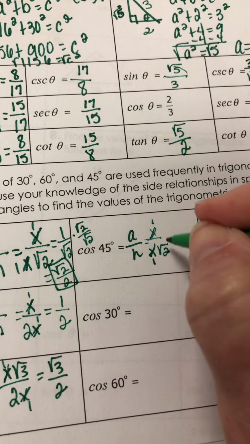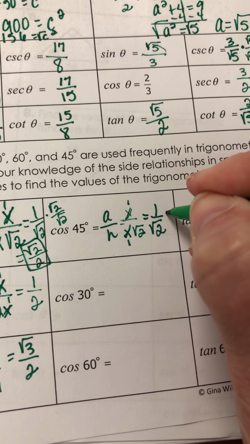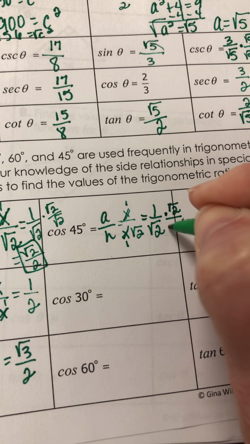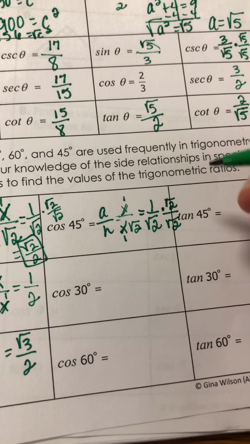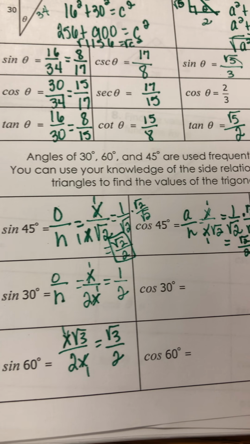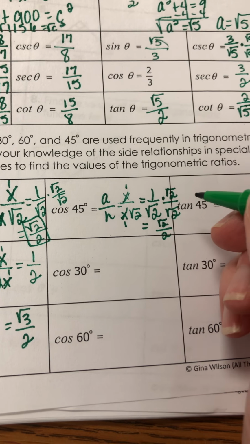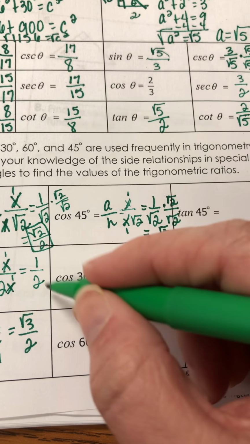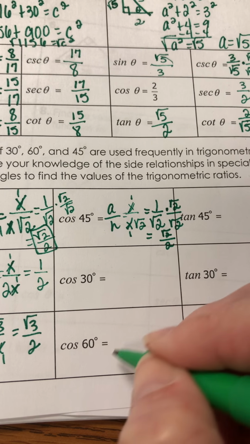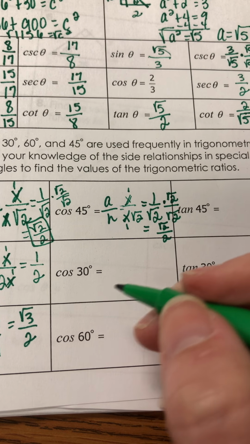And once again, I'm going to have 1 over the square root of 2, just like I did with sine. Okay, so I'm going to have to rationalize my denominator, get rid of the radical, and I'm going to get the square root of 2 over 2, just like I did with the sine of 45 degrees. Okay, now pause the video and do cosine of 30 and cosine of 60 degrees.